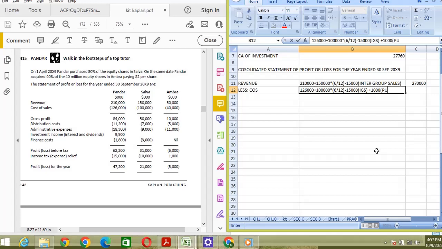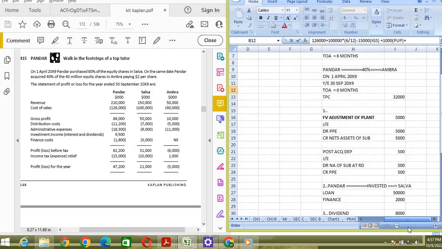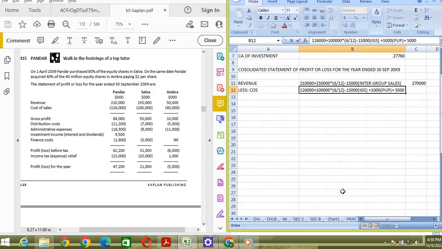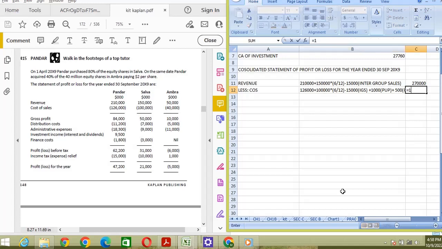One more thing we need to add is post-acquisition depreciation, which we calculated in the first point of additional information, that is 500. So just don't forget this. So 126,123 plus 100,000 times 6 divided by 12 minus 15,000 plus 1,000 plus 500.